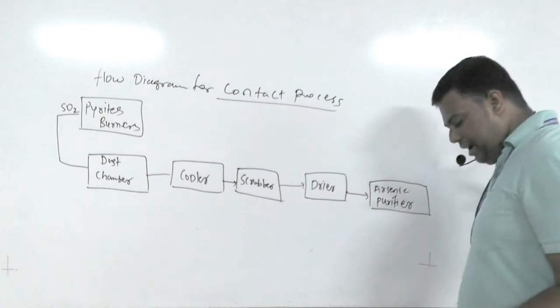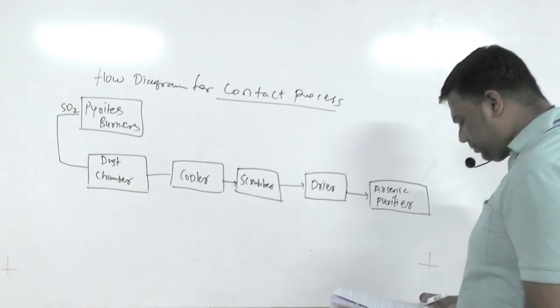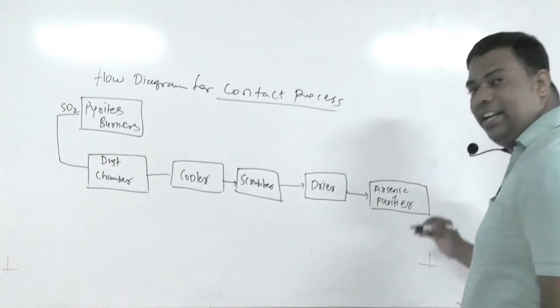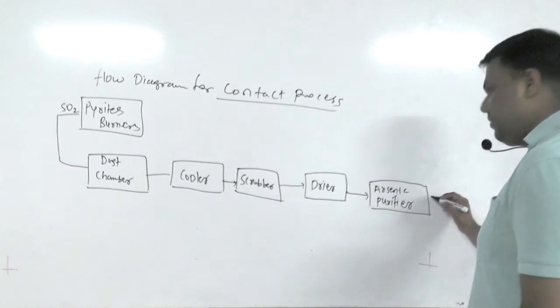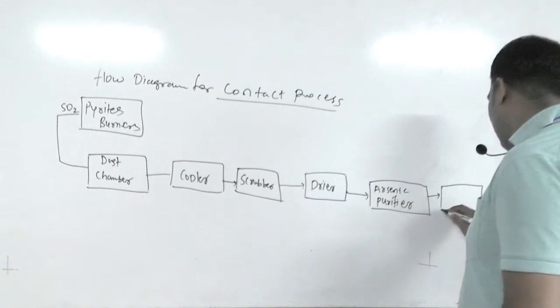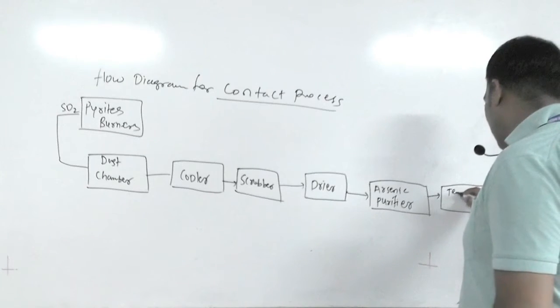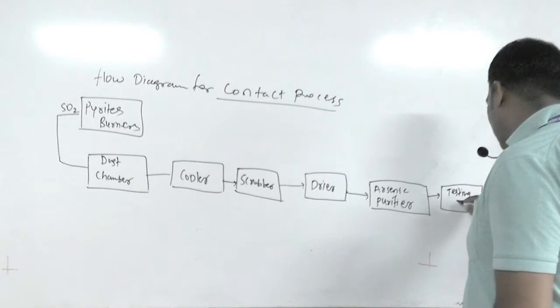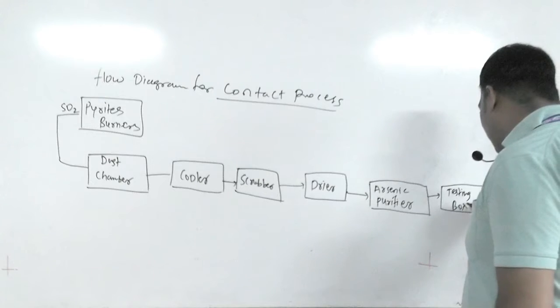So like that is the flow sheet diagram. Next there is also a testing box, for checking whether impurity is present in your H2SO4 or not.